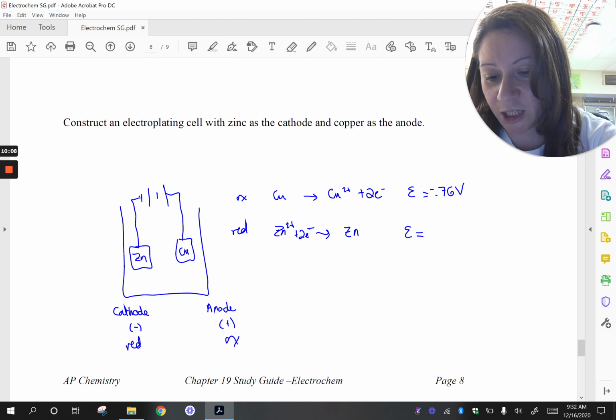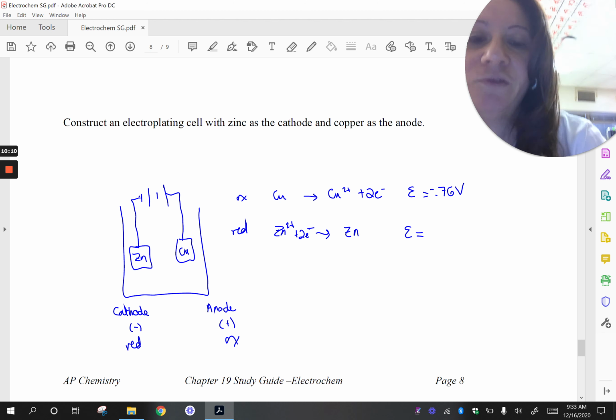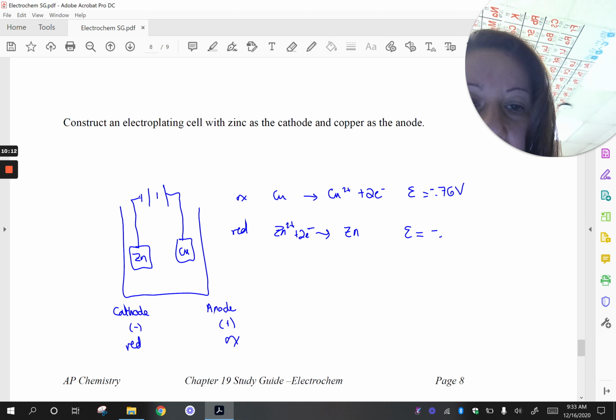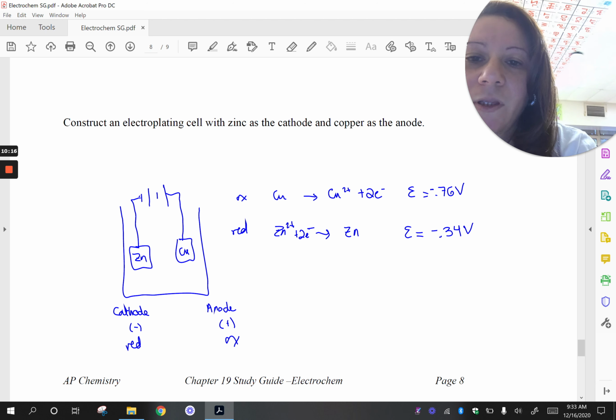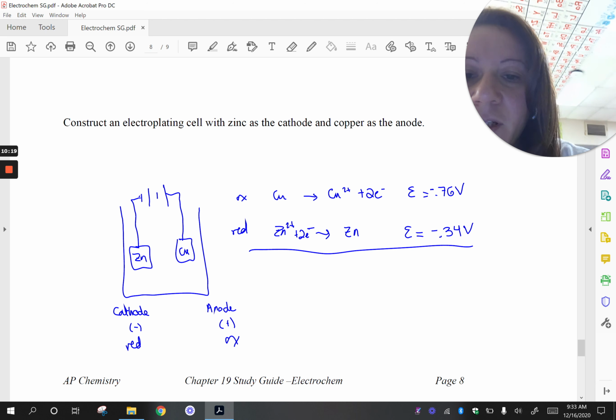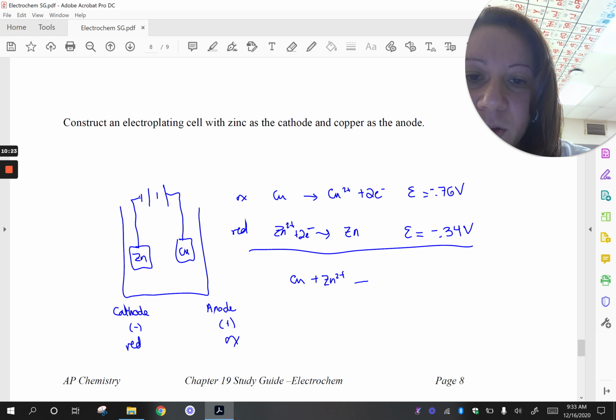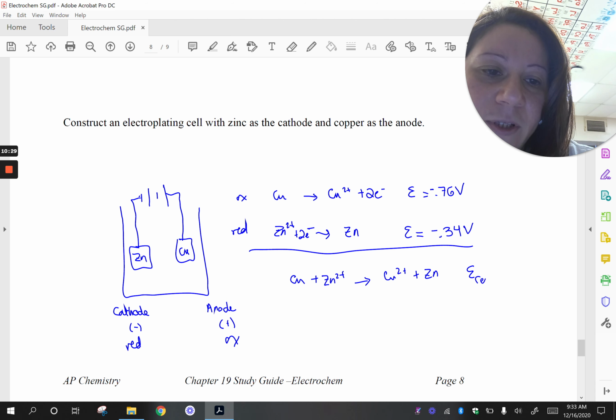And on the table, the reduction for zinc is negative 0.34 volts. So it remains negative 0.34 volts. The overall reaction is copper reacting with zinc 2+ to form copper 2+ and zinc. And my cell potential is going to be negative 1.10 volts.